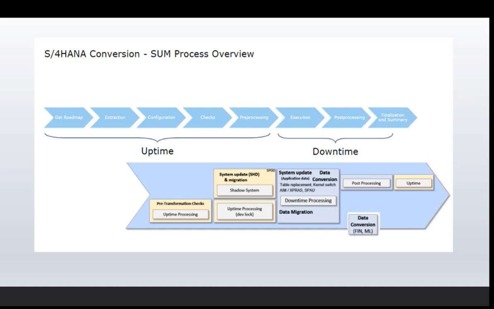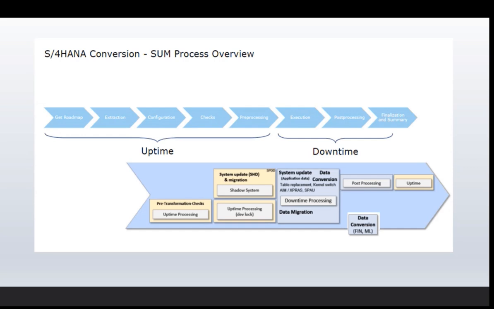If you can see, it has been divided into two parts, uptime and downtime. In the uptime, this is the SUM tool process actually, but from the business standpoint, all the activities before the conversion are called uptime activities, wherein your system will be updated, upgraded, all the repositories will be read, and a shadow system will be created. Once the system is ready for the conversion, it will go into the downtime phase.